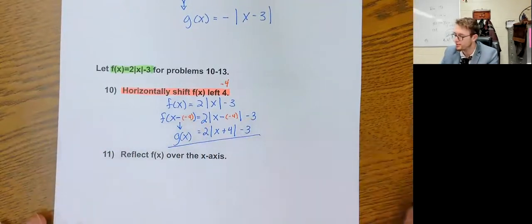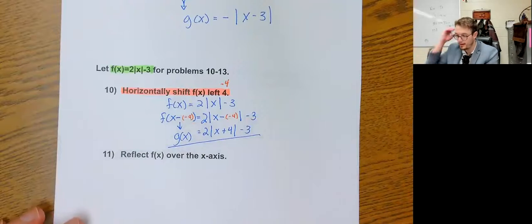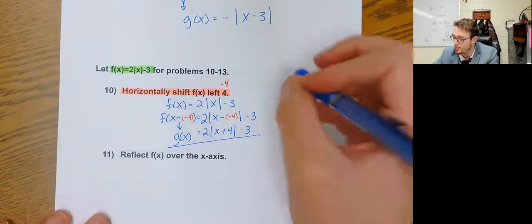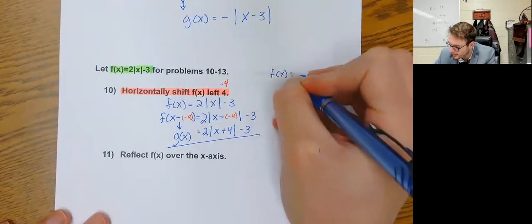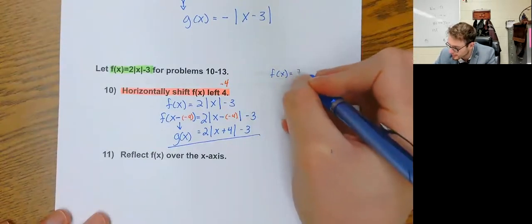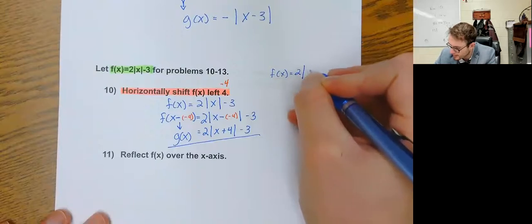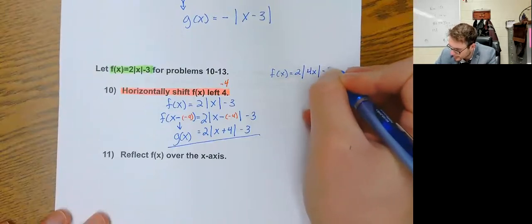Okay, I just thought in my head, I better do a little example off to the right. So let's say, what if f of x equaled 2 times the absolute value of 4x minus 3.